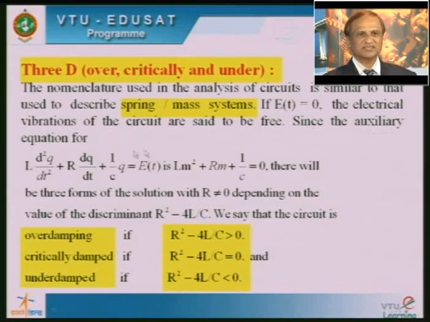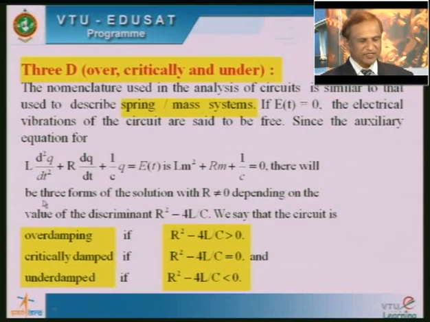The auxiliary equation for L into d square q upon dt square plus R into dq by dt plus 1 upon C into Q is equal to E of t is L into m square. It means as usual replace d by dt by capital D, and finally replace capital D by m. So we obtain this equation: L into m square plus R into m plus 1 upon C is equal to 0. Is it clear?